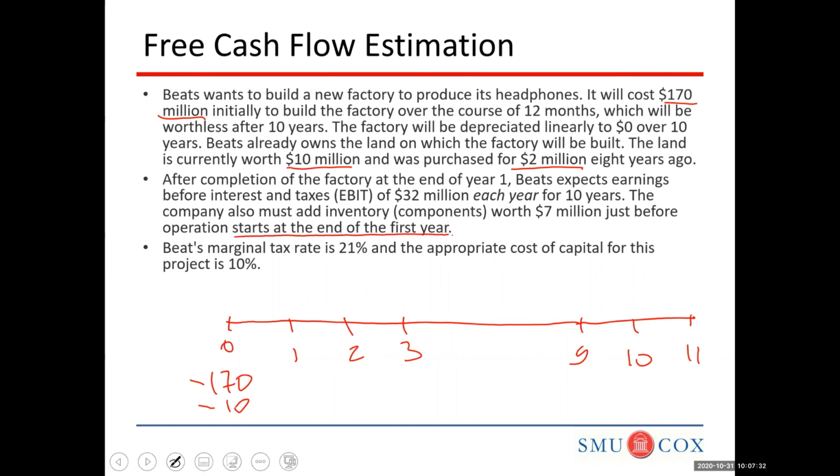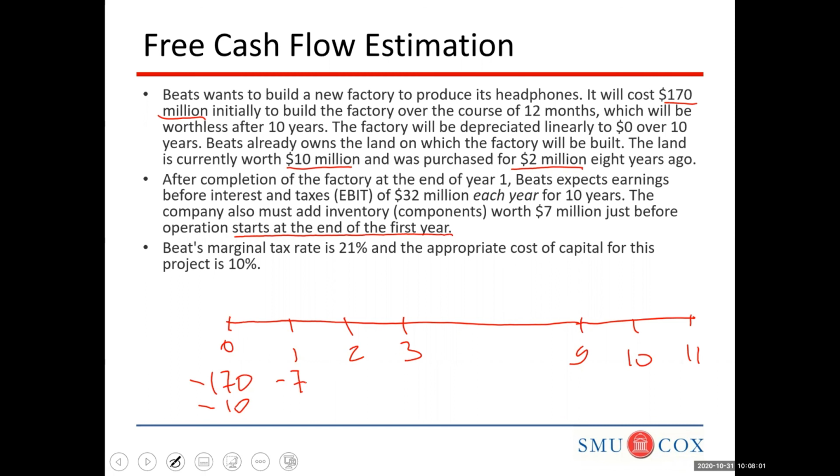So they need to invest and then they actually build. In this timeline, what we will assume is that the inventory gets purchased at the beginning of first year. So there's a 1 year gap there. Then the cash flows start at the end of first year, which in our timeline is year 2.